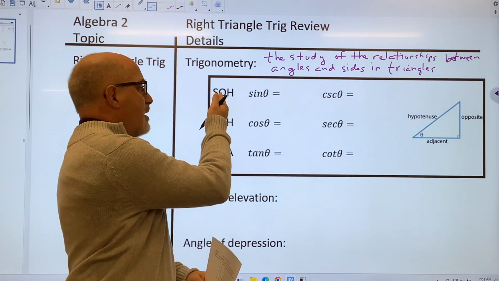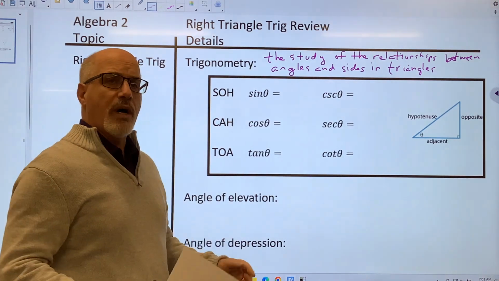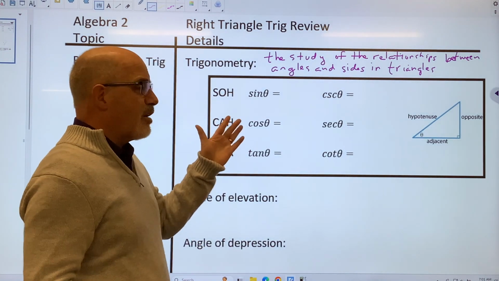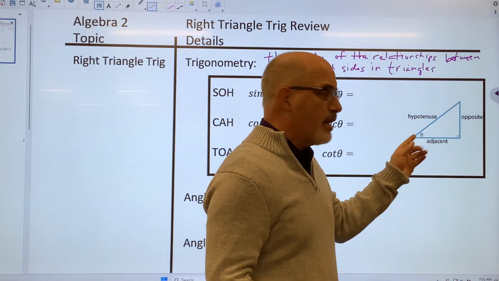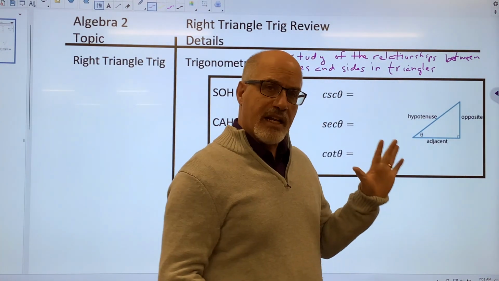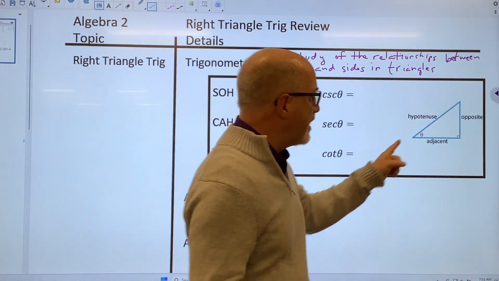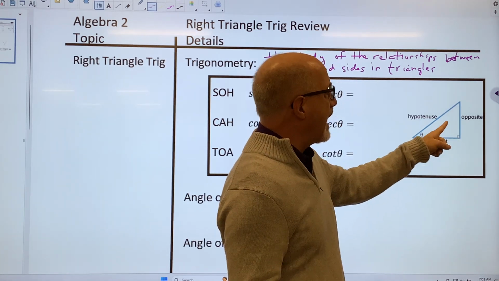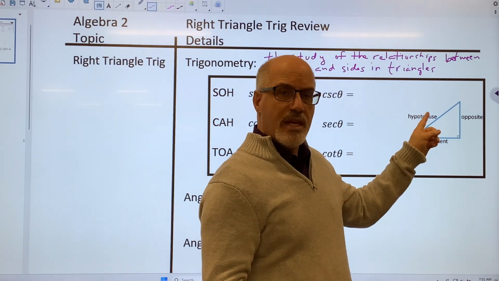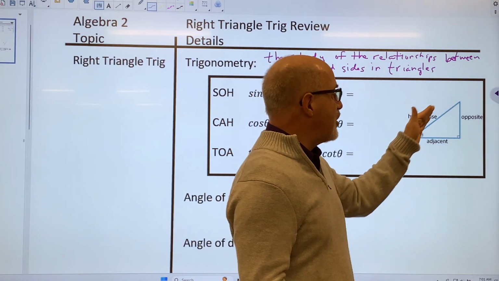And we use this phrase SOHCAHTOA and the initials there to help us understand the relationship to a triangle. So if this is our angle theta, using the Greek letter theta, then we talk about always opposite the right angle is the hypotenuse, then the other side adjacent to it.